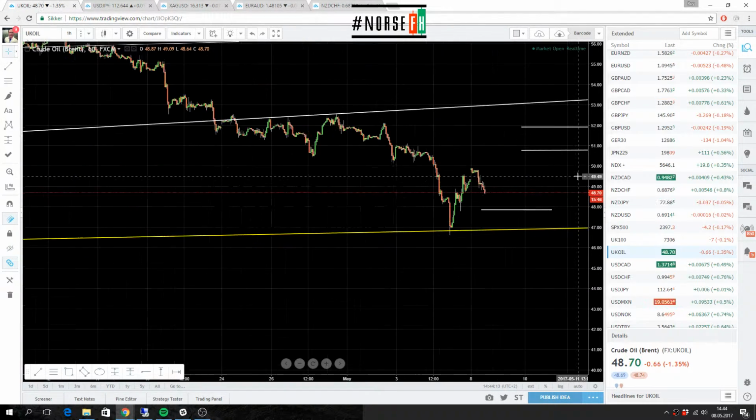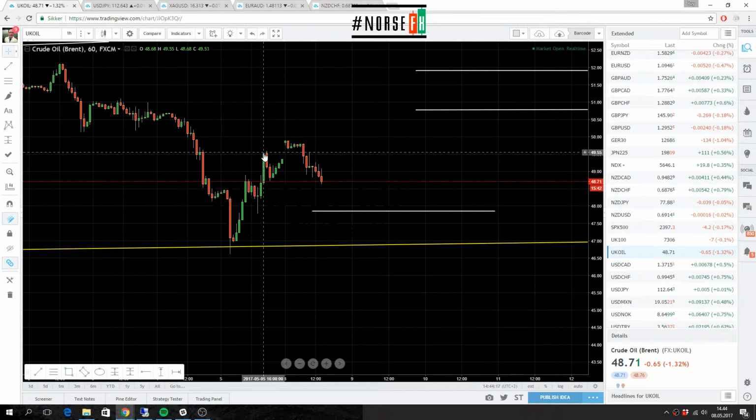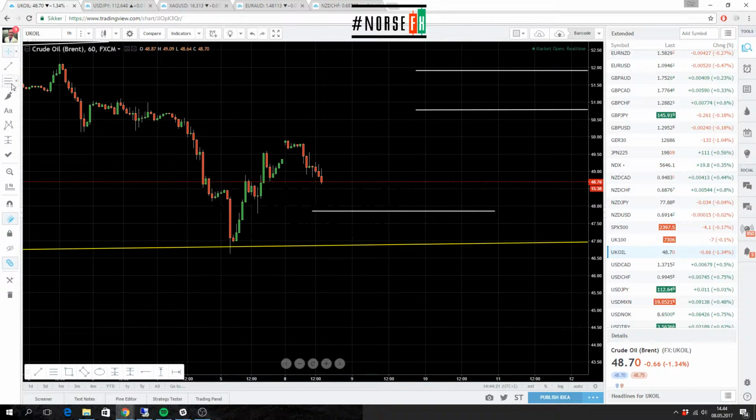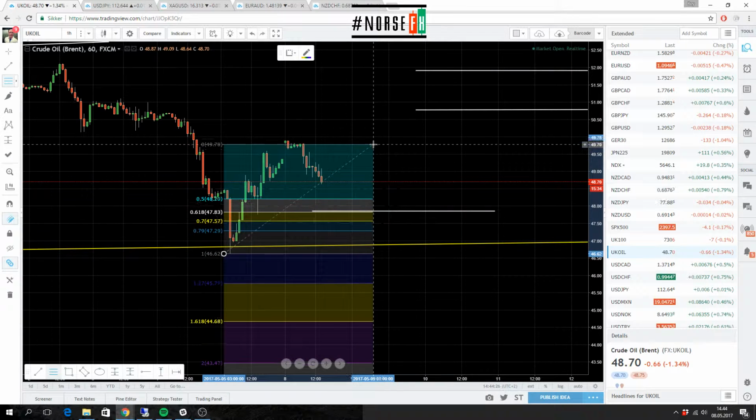And here we go. So we have a hammering candle right here. We have a very nice close, and we are now approaching this line here. That's the 618.